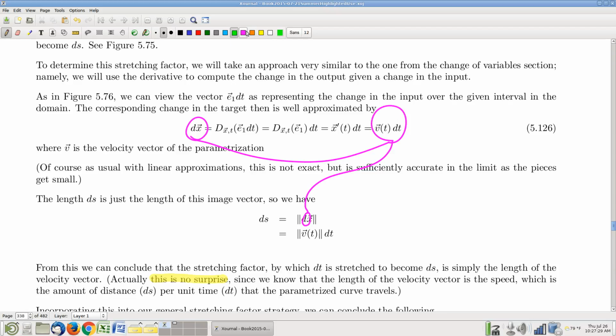Its magnitude gives me ds. And so I end up with this, again, pretty believable formula: ds is equal to speed, the magnitude of velocity, times dt. Okay. All right. And so we're done with our pullback calculation.